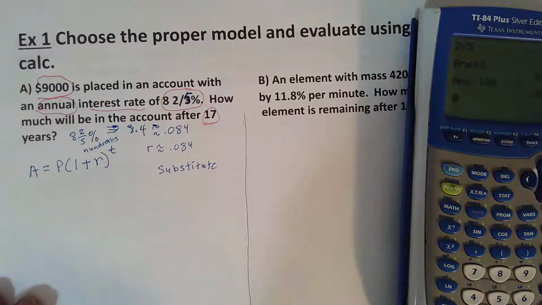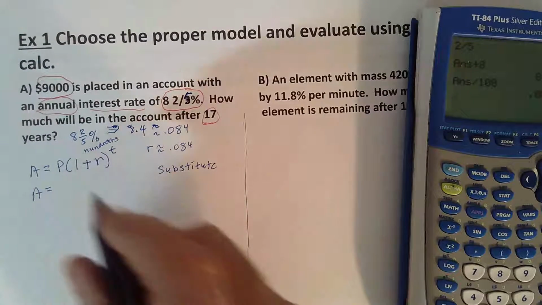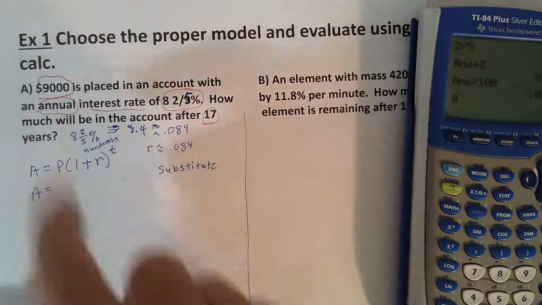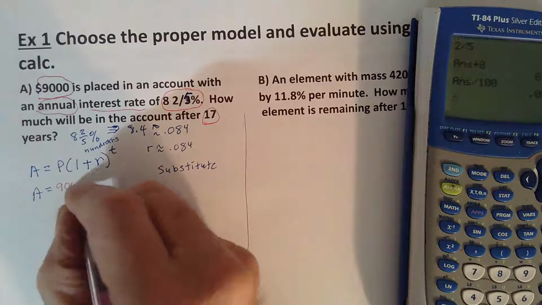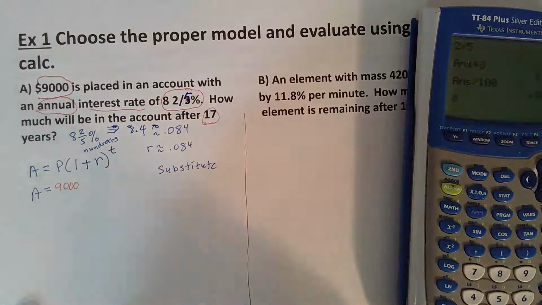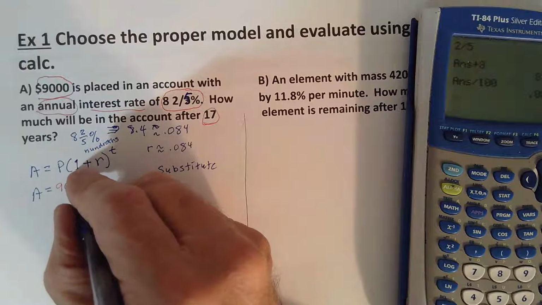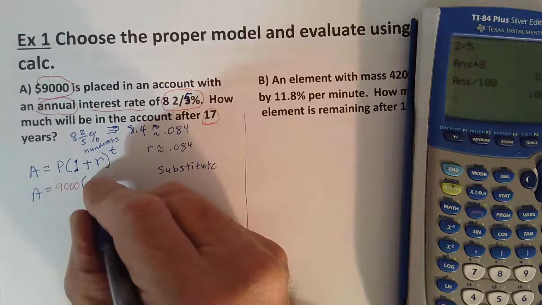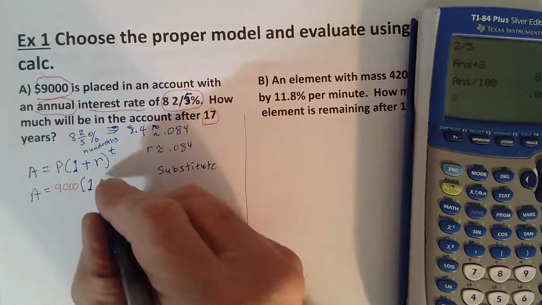in the exponent. So A equals P, which is again the $9,000, so I'm going to write that in. And then that's times, now remember this is 1. I'm going to make it an old-fashioned 1 with a little cowlick at the top there and feet at the bottom of it.